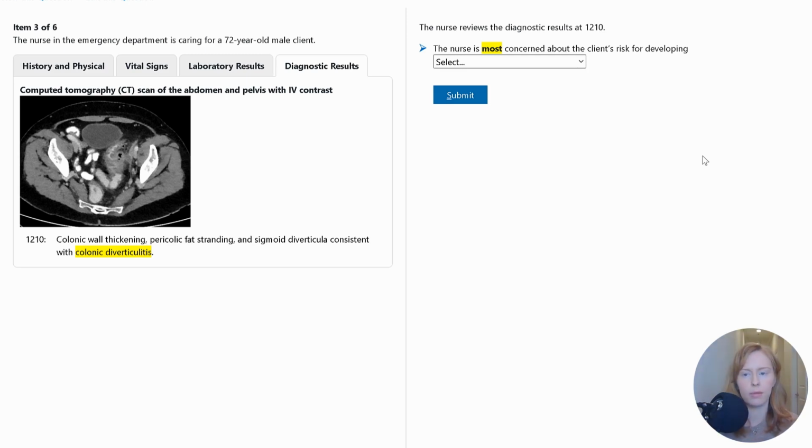And if you remember from our prioritization framework, we're looking at issues of airway, breathing, circulation, or potential issues of airway, breathing, and circulation. So let's quickly consider each of these. A fistula, that's an abnormal opening between two different places. So you might have a fistula connecting two parts of the intestines.